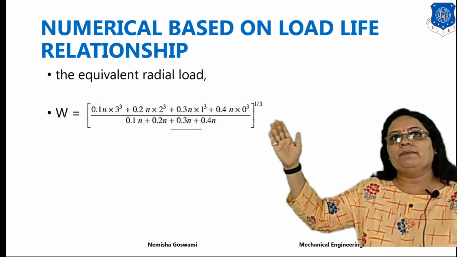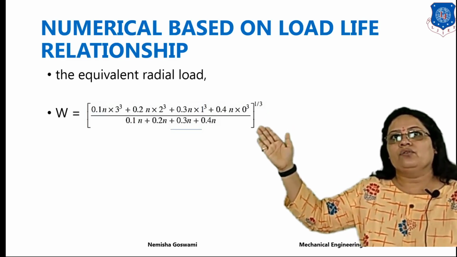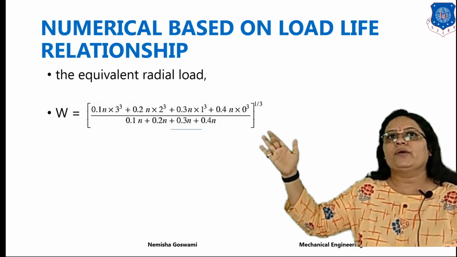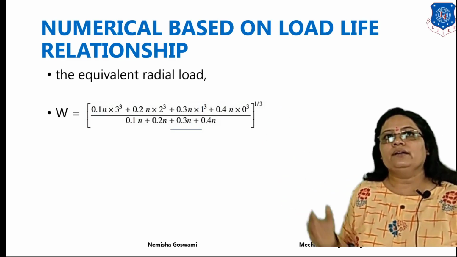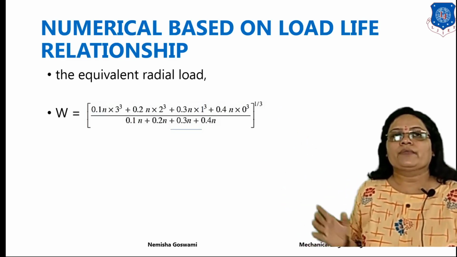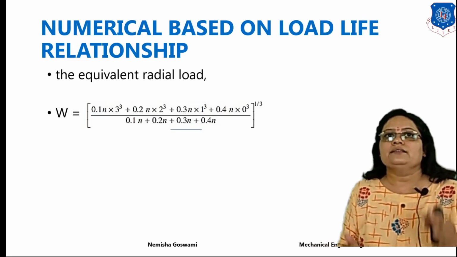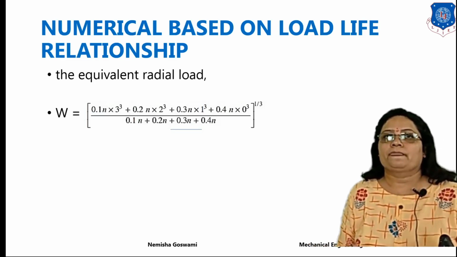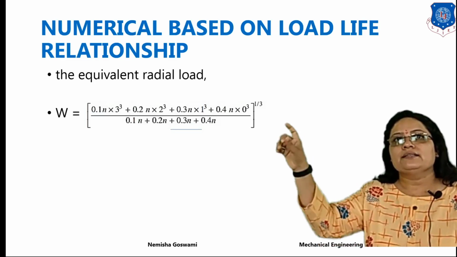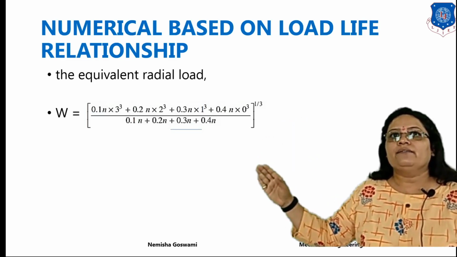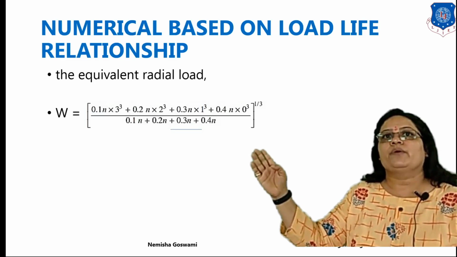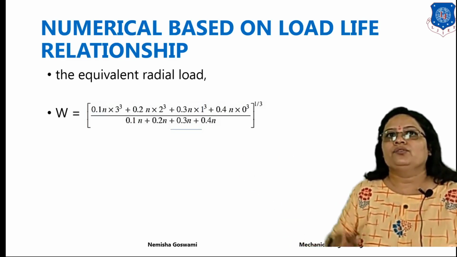And similarly plus 0.4, so N4 is equal to 0.4 N into 0. Why are we taking W4 equal to 0? Because in the last case there is no load, so no load means this is equal to 0. All divided by 0.1 N plus 0.2 N plus 0.3 N plus 0.4 N.